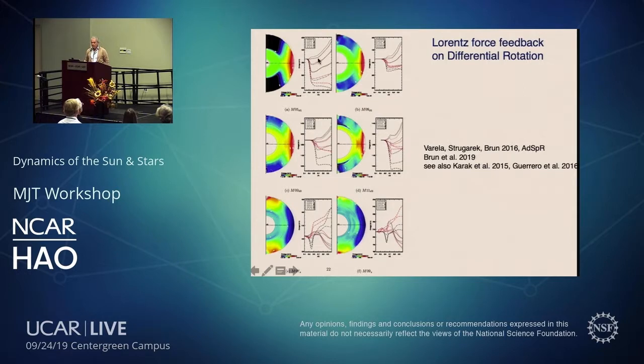And you see that when we put in magnetic field, these red lines tend to have a weakening of the differential rotation. So there is omega quenching, if you want. The Maxwell stress feeds back on the flow and reduces the differential rotation, at least for the solar-like case. For the anti-solar-like case, surprisingly, it tends to do the opposite.